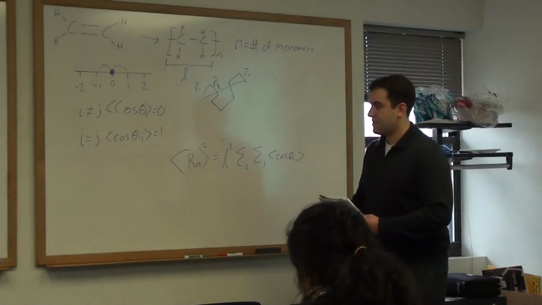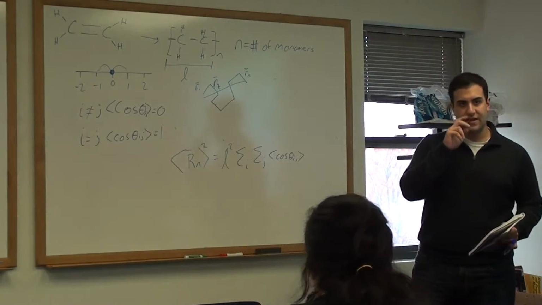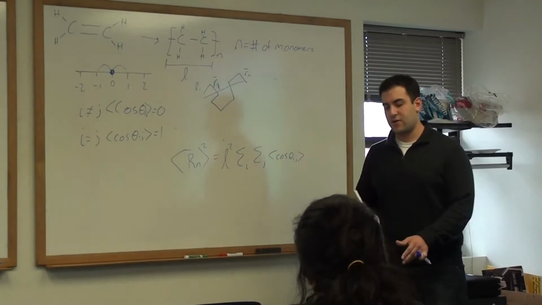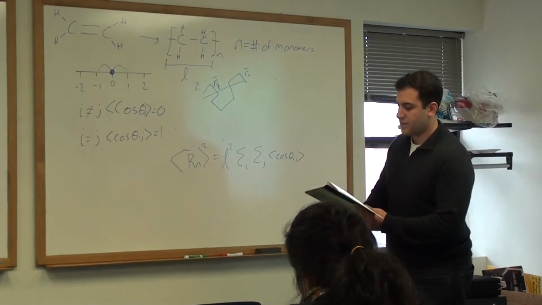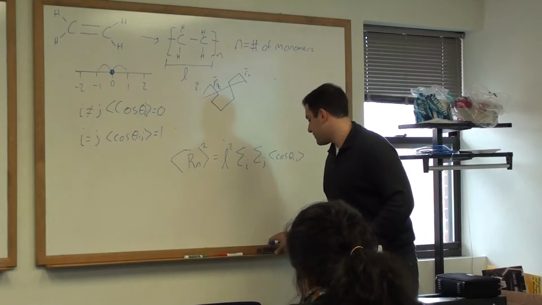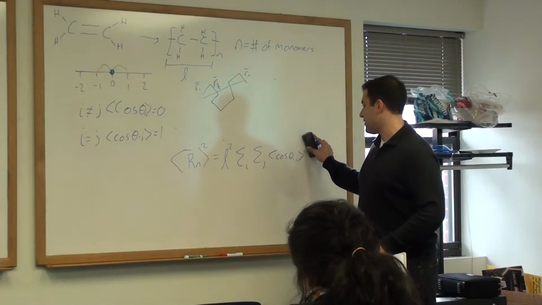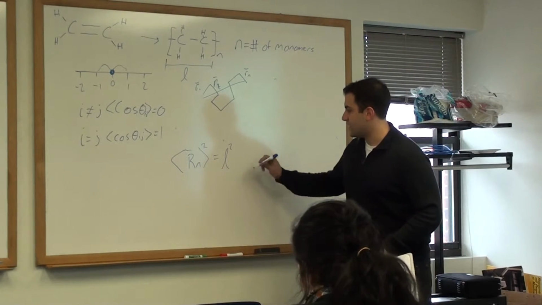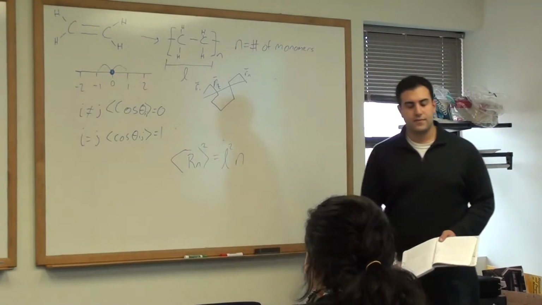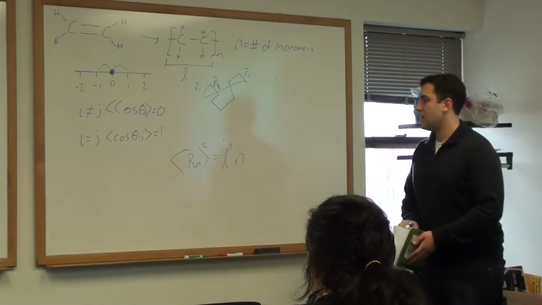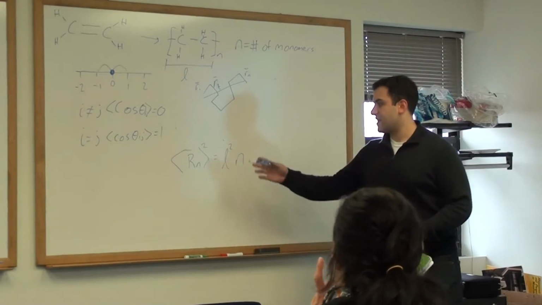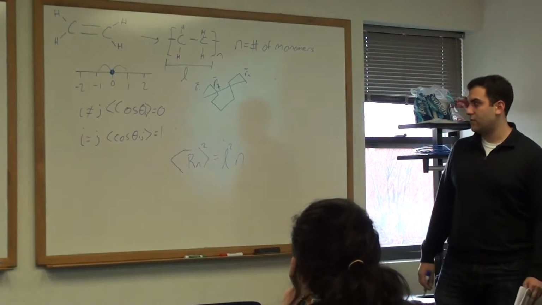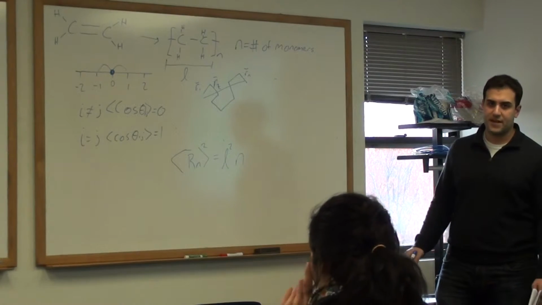And since there'll be n cases where i is equal to j, because they're part of the same step vector, we can simplify this cosine theta term, or the double sum of it, to simply n. So by doing the simplification, we have an equation that only involves the bond length and the number of steps taken.